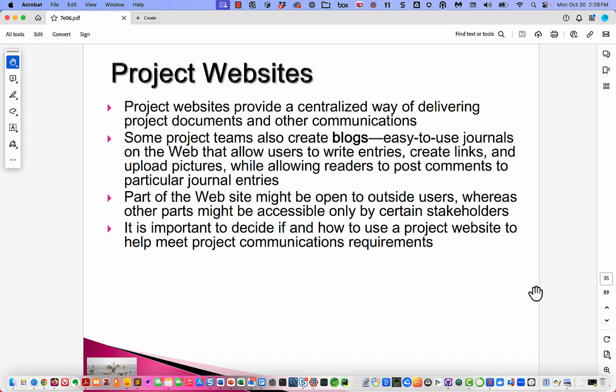Project websites. Now, it's sort of funny. Project websites were not always a part of this. So if you go back, I'm trying to think of how long I've been doing this. I think I've had this PMI certification since 2005. A long time, right?